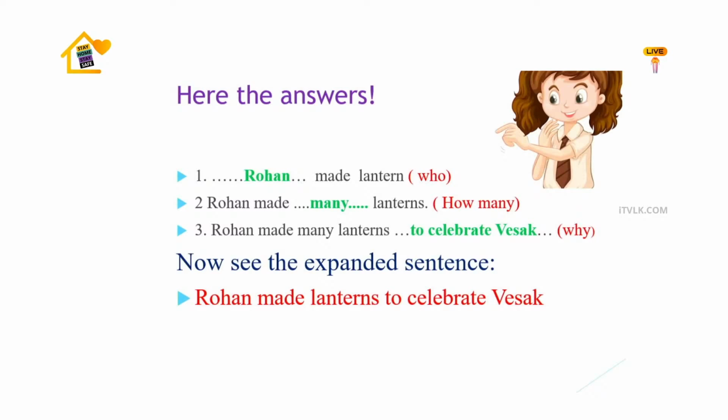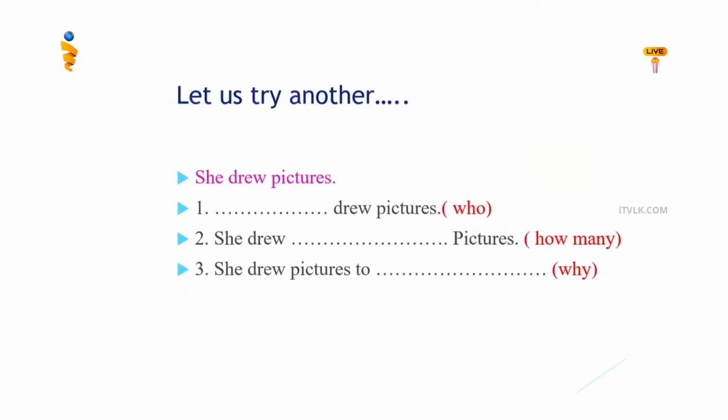Many. Or you can say few. You can say 10. You can say a lot of. And the third one, why did he make? To celebrate Vesak. So finally, the sentence is, Rohan made lanterns to celebrate Vesak. This is how you expand sentences, children.